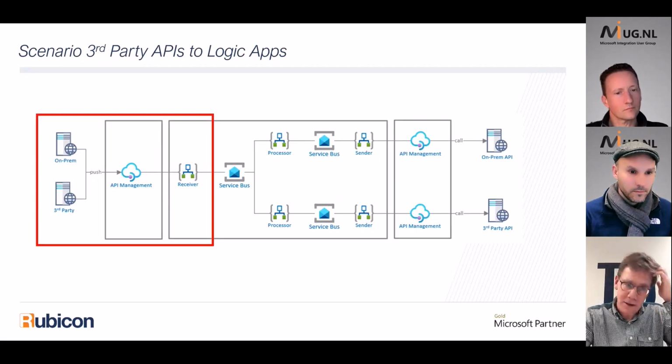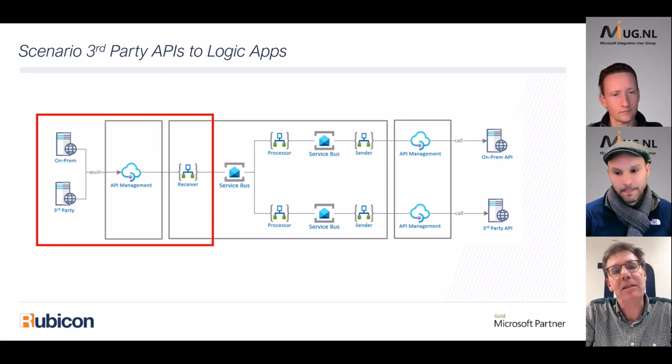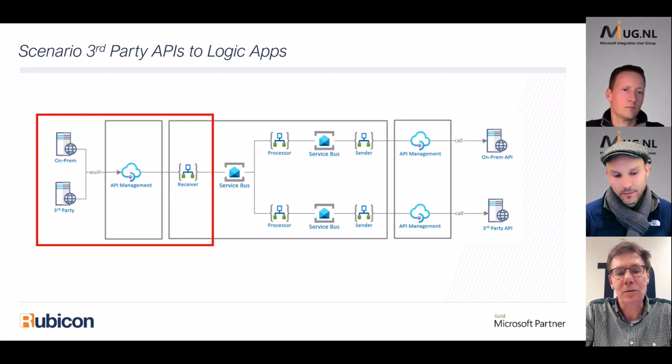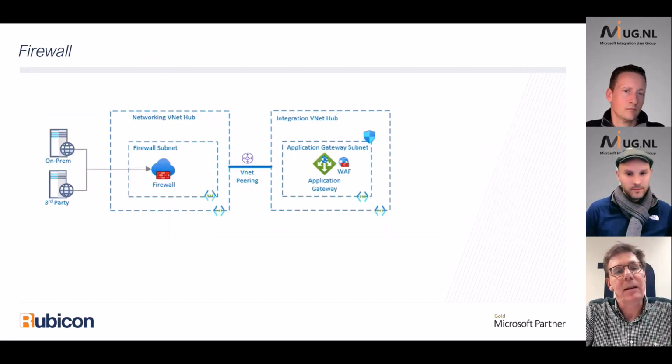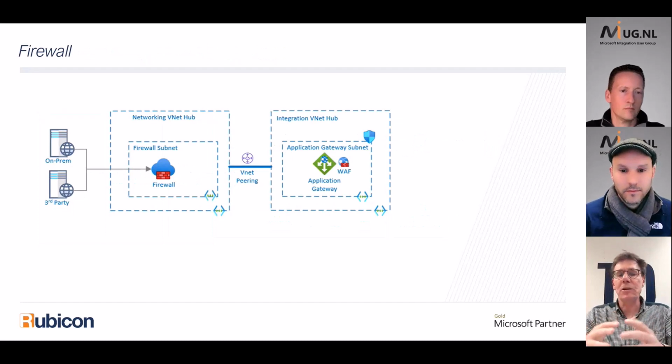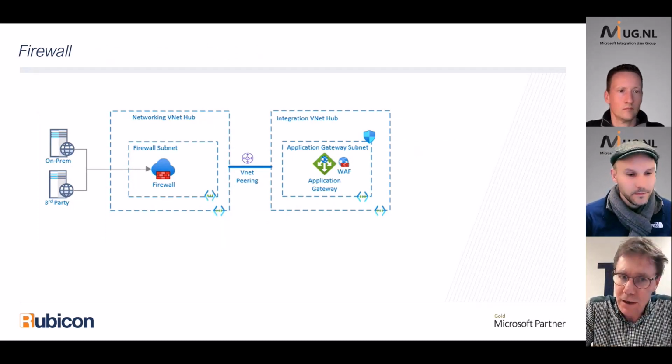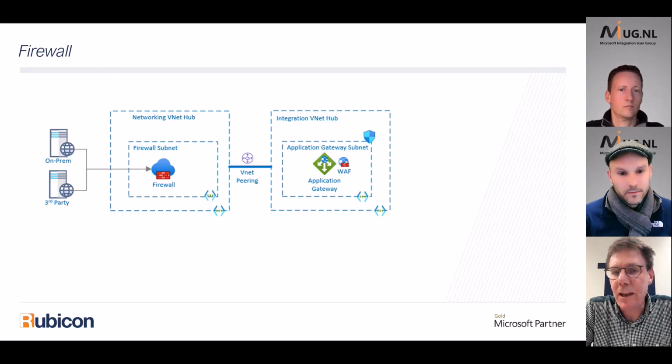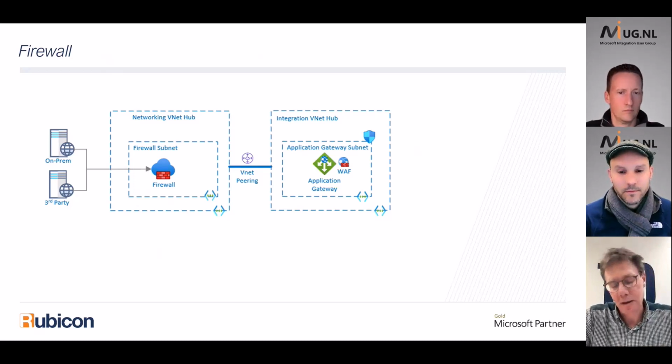Now finally, just the last few slides of my presentation. You can also make a call from a third-party application to your Azure Integration Services solution, also via API management. And in that case, we also want to connect via the firewall. And then the question is, why do we need two firewalls? Because we have a firewall in the networking VNet hub, and we have a firewall integrated in application gateway.